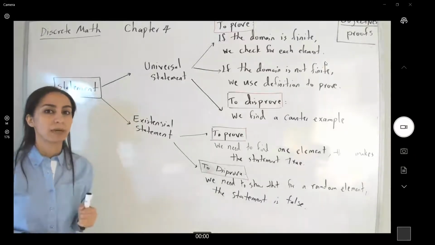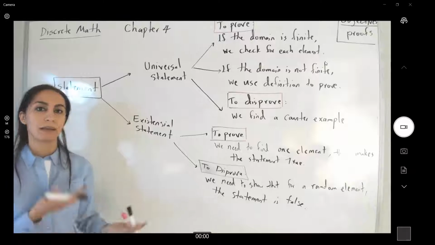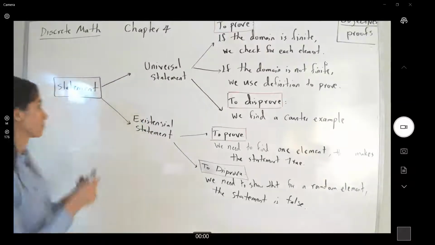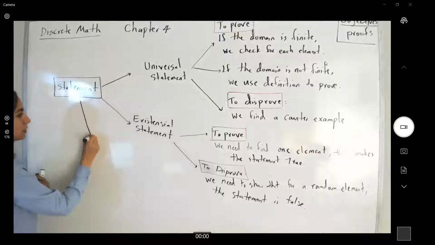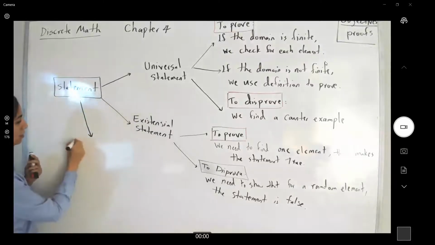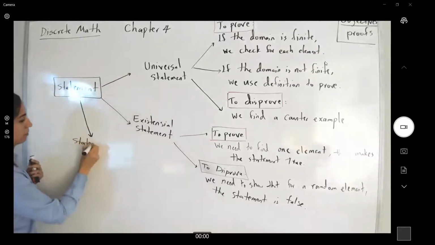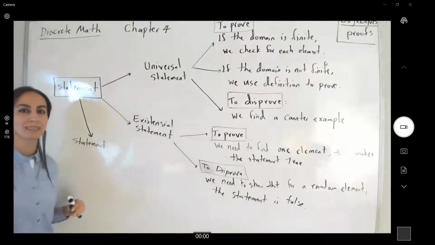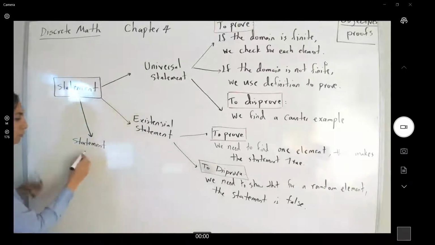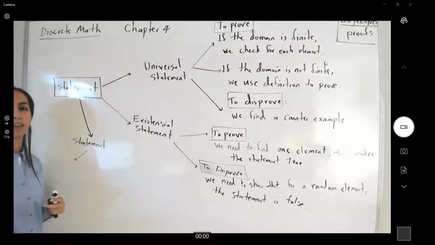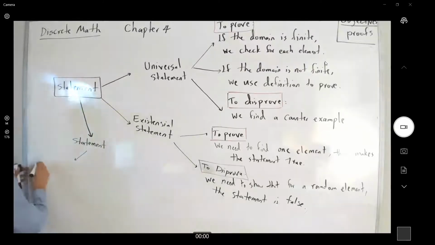Sometimes we have statements that are not in the category of being universal or existential. In this case, for a statement, we can apply two different indirect proof methods. The first one is called proof by contradiction.